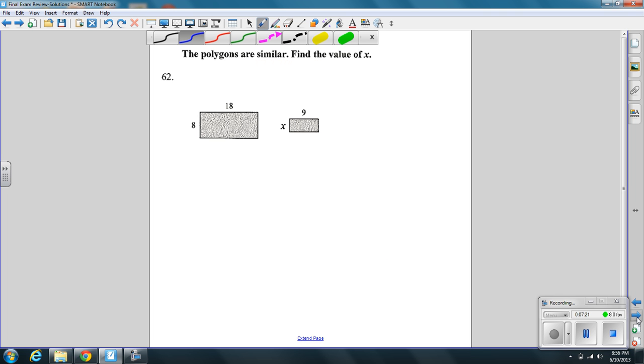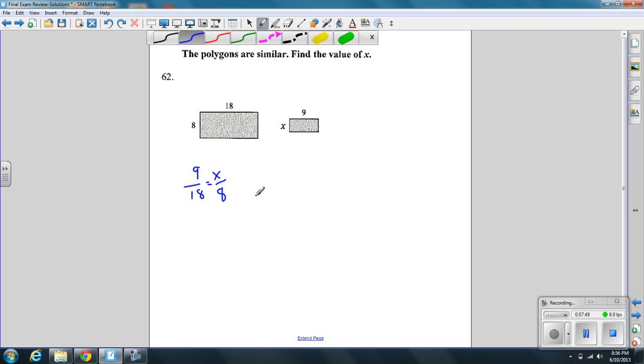62, the polygons are similar. Find the value of x. That means we can write proportions. I'm going to do smaller to larger. So 9 over 18 equals x over 8. If you look at the relationship of 9 over 18, 9 is half of 18, so x must be half of 8. So half of 8 is 4.